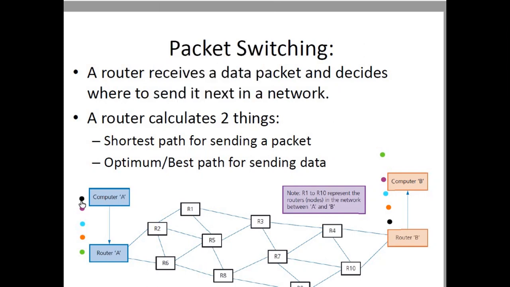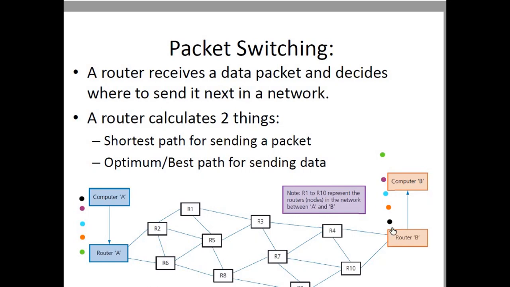As you can see, it was first, second, third, fourth and fifth: black, purple, sky blue, orange and green. Whereas over here, black is received first, then orange, which was the fourth packet, then sky blue, which was the third packet, then purple and then green.